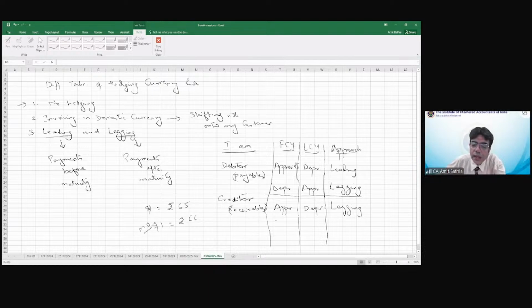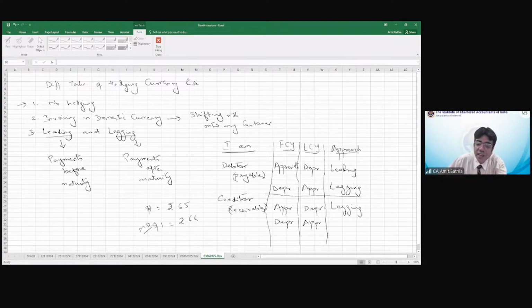On the other end, if foreign currency is depreciating and local currency is appreciating, remember, local currency appreciating, it will be the reverse case, right? Meaning today $1 is rupees 66. It is expected to become $1 equal to rupees 65.